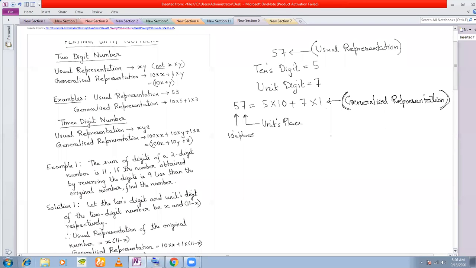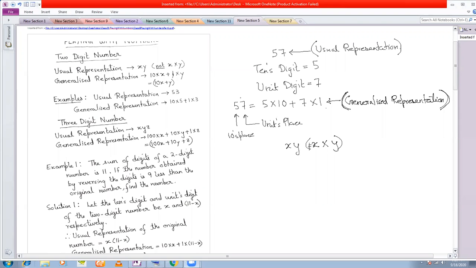Suppose now I give you a number xy, and obviously here it does not mean x into y. Suppose any number xy.